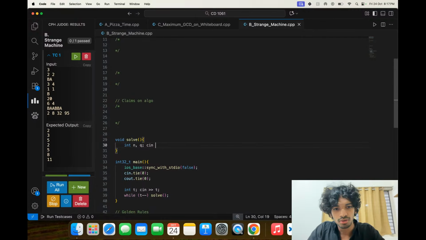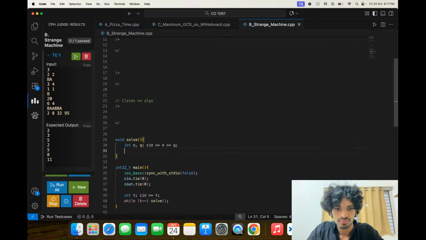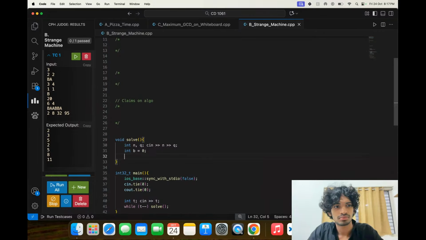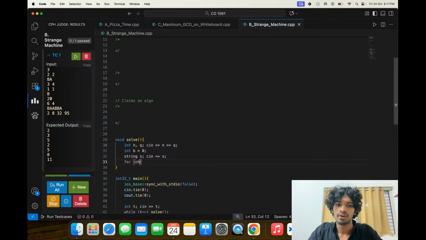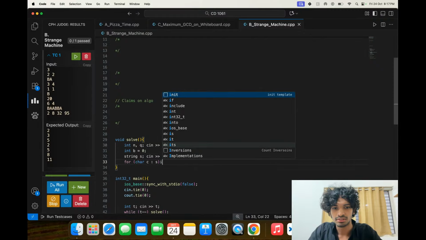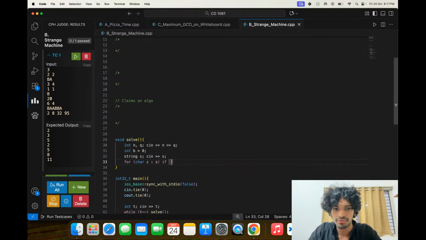int n, q, cin. b equals 0, string s, for char c in s, if c equals b, b equals 1.